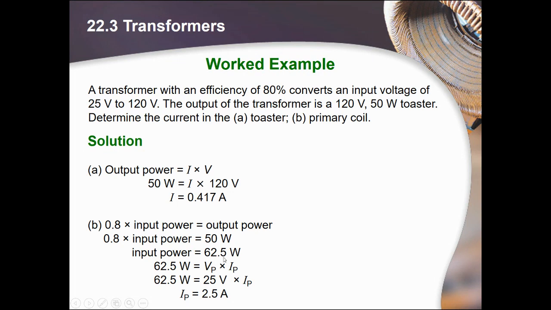The voltage of the input is 25, so I can use P equals V times I. So 62.5 watts equals 25 volts times I. So I have I in the primary coil is 2.5 ampere.